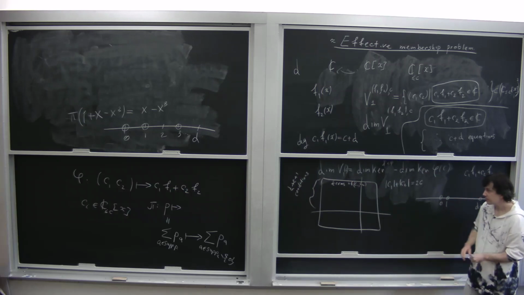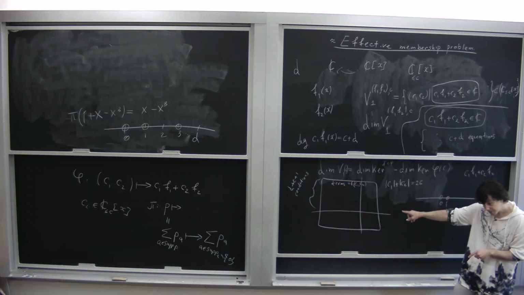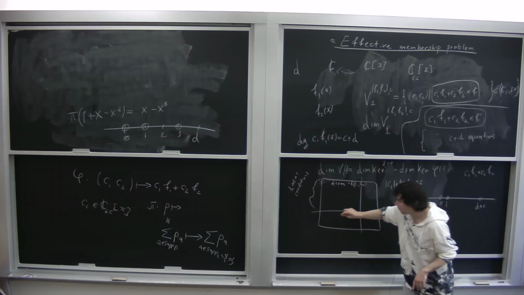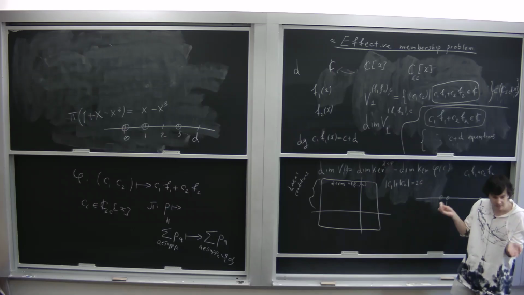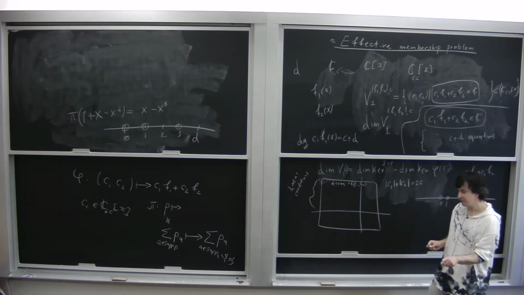Okay, and you might have noticed that for some unknown reasons, I have drawn this cross in the middle of the matrix. Why did I do that? Nobody knows, but you will find out very soon.